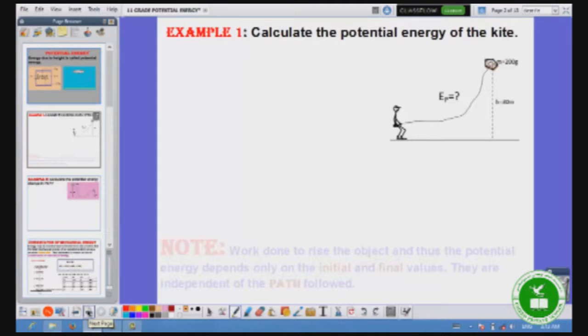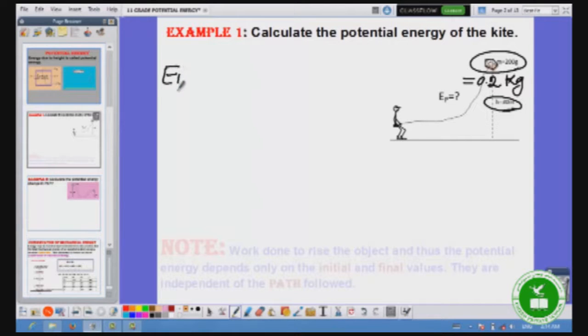Example number 1, calculate the potential energy of the kite. Okay, here kite is given with mass 200 gram. 200 gram is equal to 0.2 kilogram. Height from ground is also given as 30 meters. So here we need to calculate potential energy.